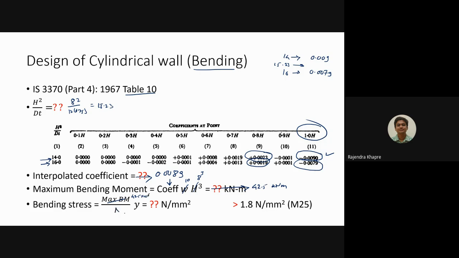I is BT cube by 12, where B will be your 1000, into 350 to the power 3 divided by 12, and your Y value will be 350 divided by 2. How much is the bending stress? 2.08.